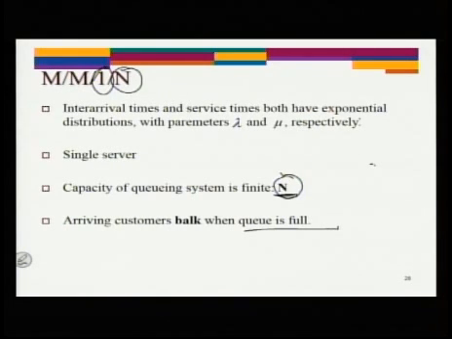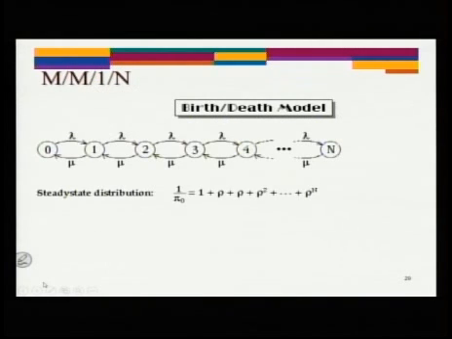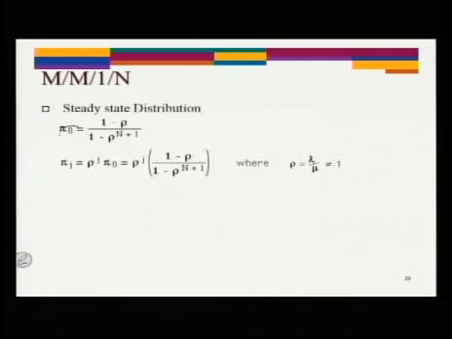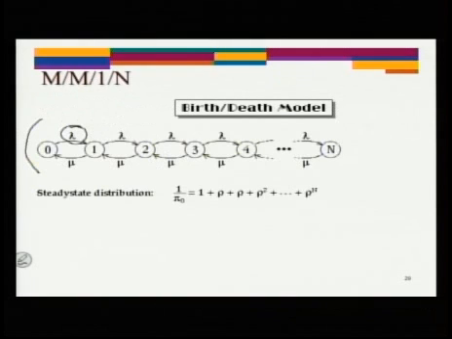Okay? And the transition diagram for the M/M/1/N model is like this. See, it's a very simple model. The arrival rate is always lambda. Service rate is always mu. And there are only N+1 states, starting from 0 to N. Okay?